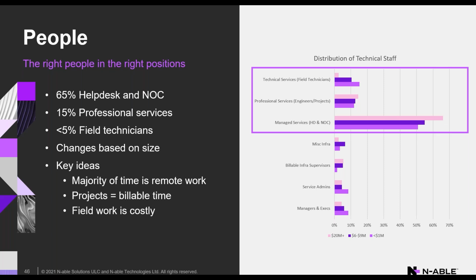If I'm a $1 million MSP who is pushing everybody from break-fix to fully managed up that maturity scale we saw earlier through a la carte and proactive, I might be 50-50, which means I've got to have 10 to 15% of my technician staff being field. I've got to have 15% being professional services. I've got to have only 50% of my technical staff being help desk because I still need a manager, right? I still need somebody there for structure.